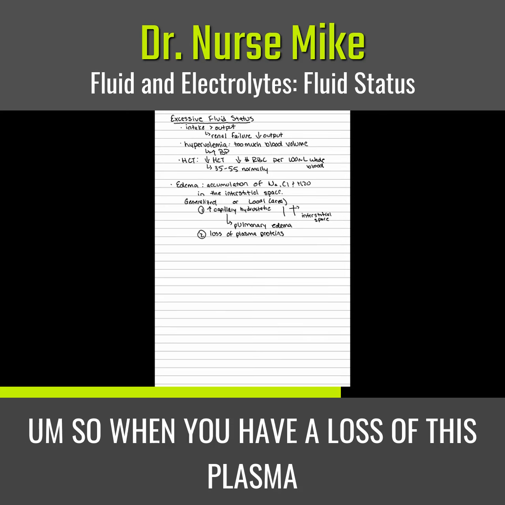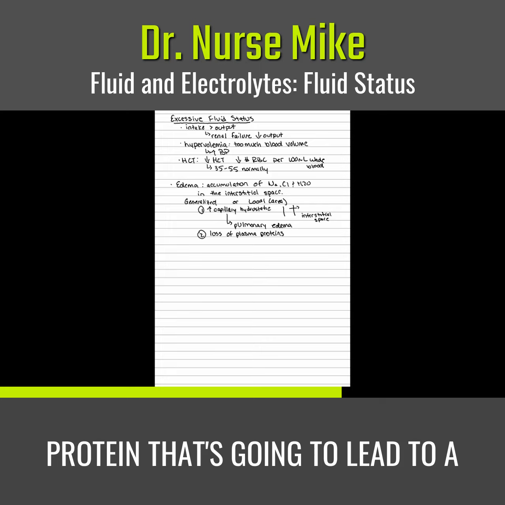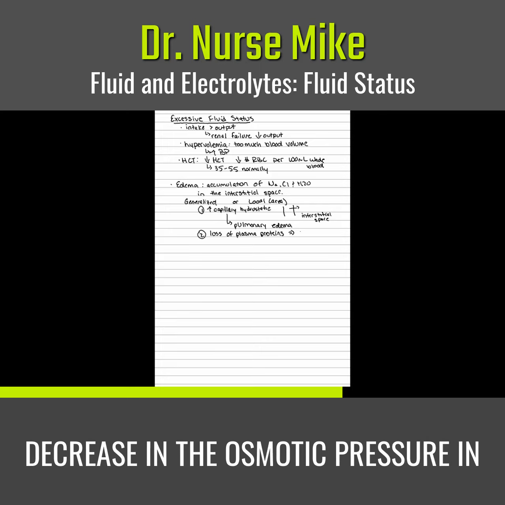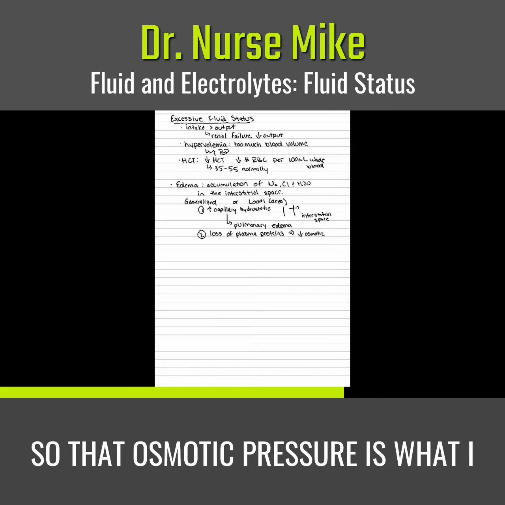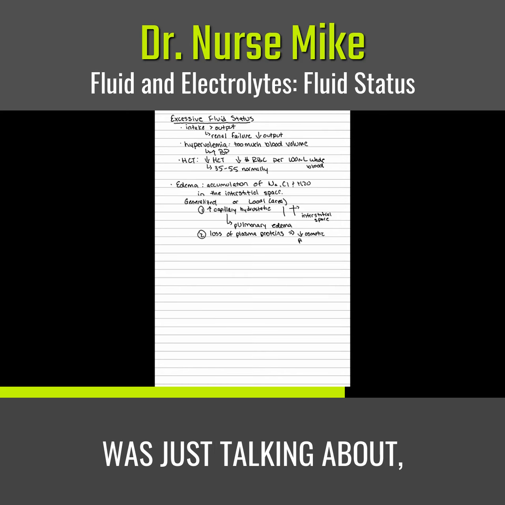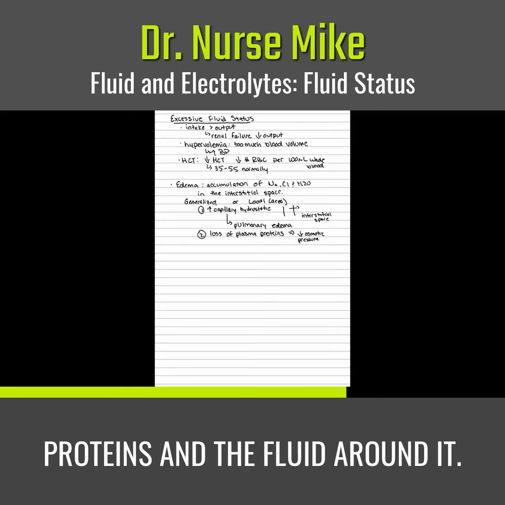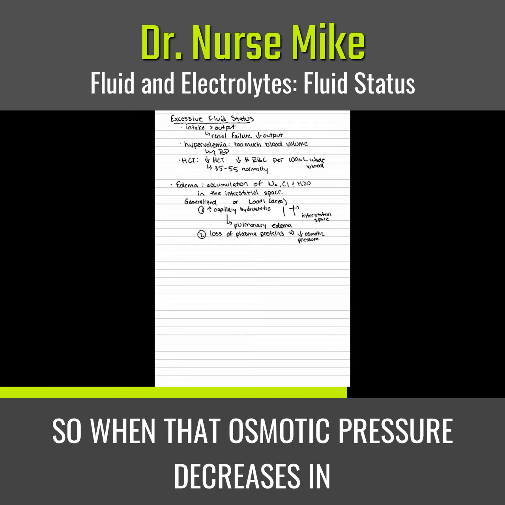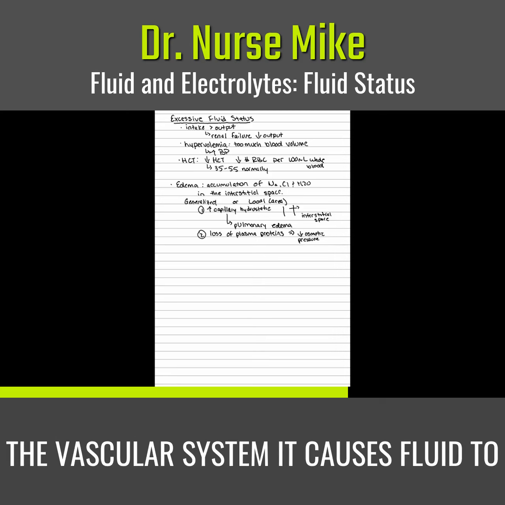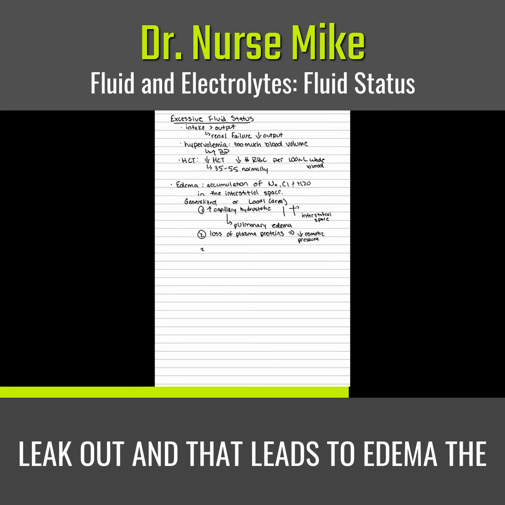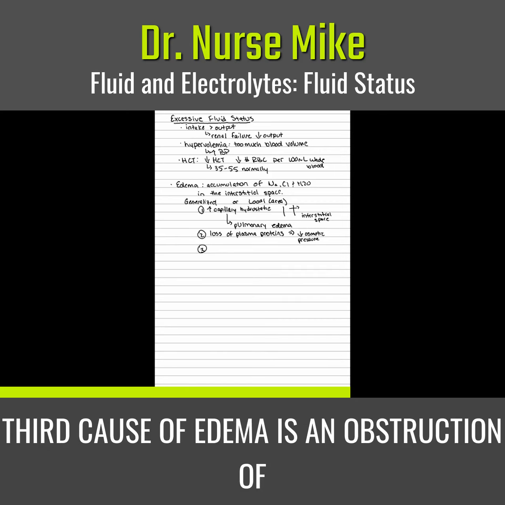So when you have a loss of this plasma protein, that leads to a decrease in the osmotic pressure in the capillary space. That osmotic pressure is what I was just talking about, that attraction between the proteins and the fluid around it. When that osmotic pressure decreases in the vascular system, it causes fluid to leak out, and that leads to edema.